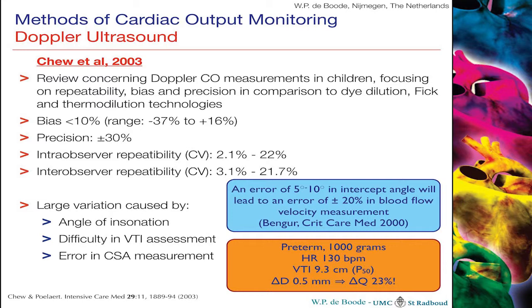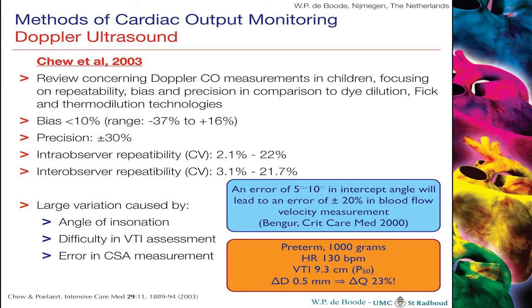Bias was not that much, but there's a precision of plus minus 30% with these numbers of intra and inter-observer repeatability. What does that mean? There's a large variation.